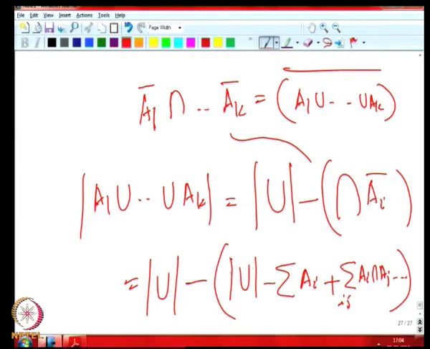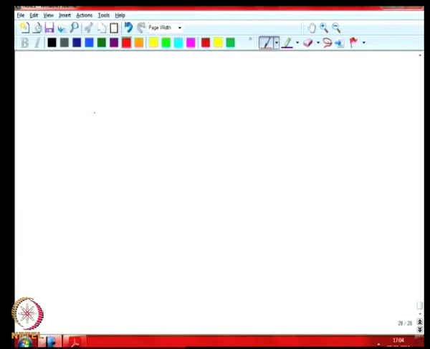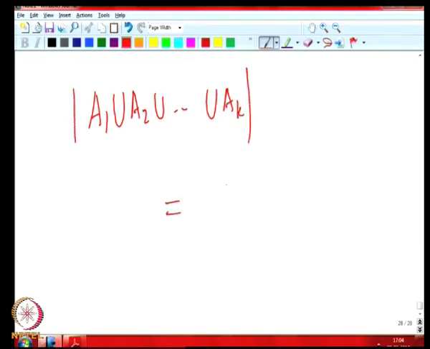So this U and U cancel, but each of the remaining terms change the sign. So we can write the formula like this: A1 union A2 union AK cardinality is sigma AI, with I equal to 1 to k, minus sigma ij.